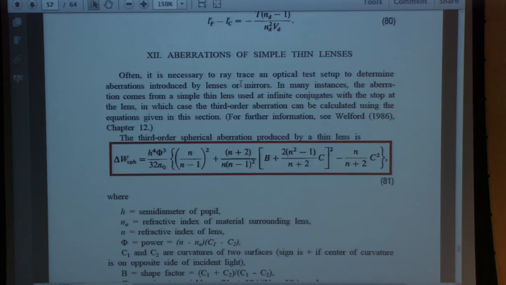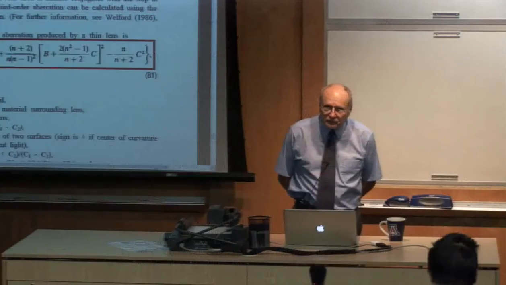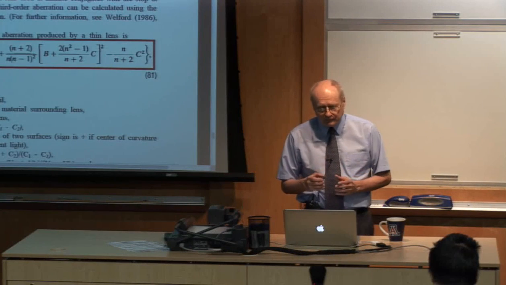Collimated beam coming in. Okay, it should be incident on the curved side. And why? You're going to have less spherical aberration if it's incident on the curved side.